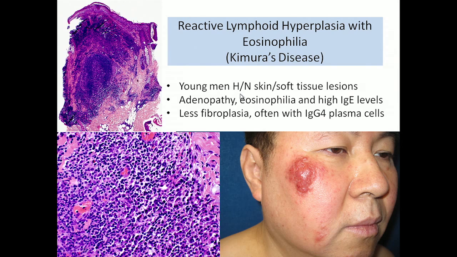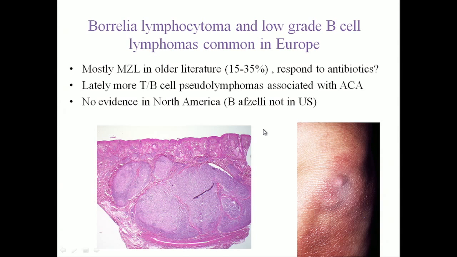Another condition in Asian patients is what's called Kimura's disease. They often have lots of eosinophilia in the blood or in the background, hyper IgE, they often have a nephrotic syndrome, less fibroplasia, and often with fewer IgG4 plasma cells. As we mentioned, Borrelia can cause a reactive process.